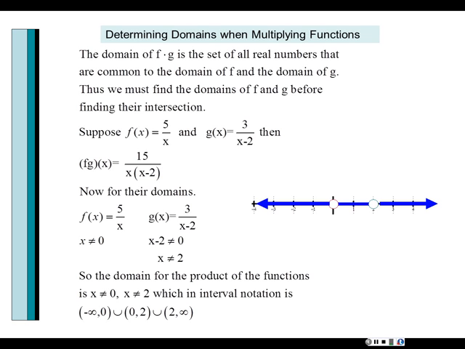So we just excluded 0 and 2. It's important to understand this, because we can simply do the multiplication, summation, addition, or subtraction, but it's more important to understand how we can find the domains and how the domains change. Any question here?